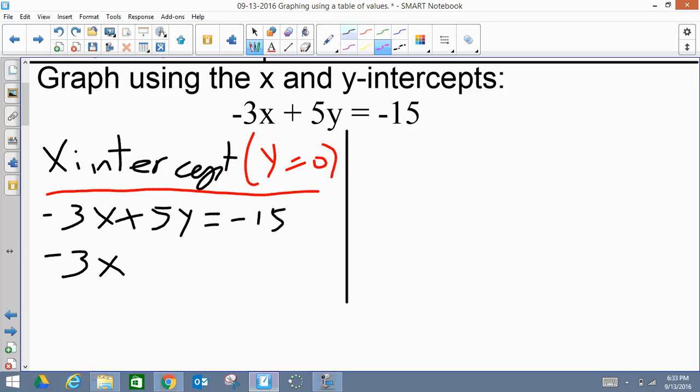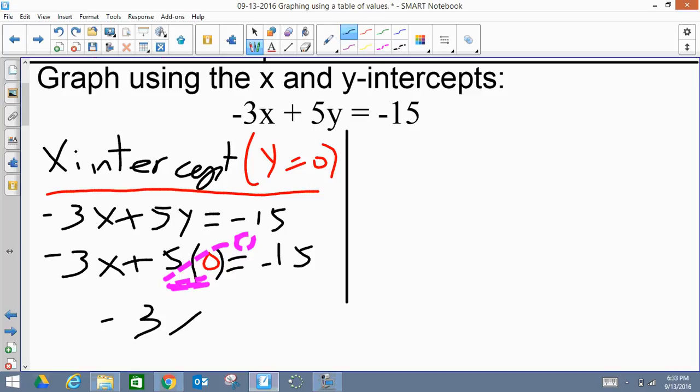So negative 3x plus 5 times, instead of the y, I'm going to put a 0, equal negative 15. We know that anything times 0, 5 times 0, is equal to 0. So that cancels out, and what I have left is negative 3x equals negative 15.